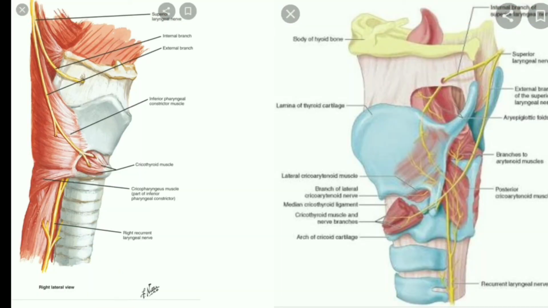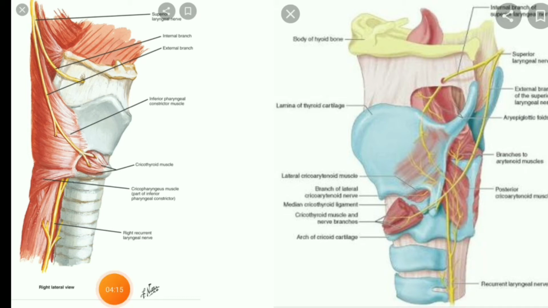Again, have a look at this diagram also. Here in this diagram we can clearly see the nerves, the recurrent laryngeal nerve and the superior laryngeal nerve, which gives rise to the external laryngeal nerve, and their relation to the thyroid gland.